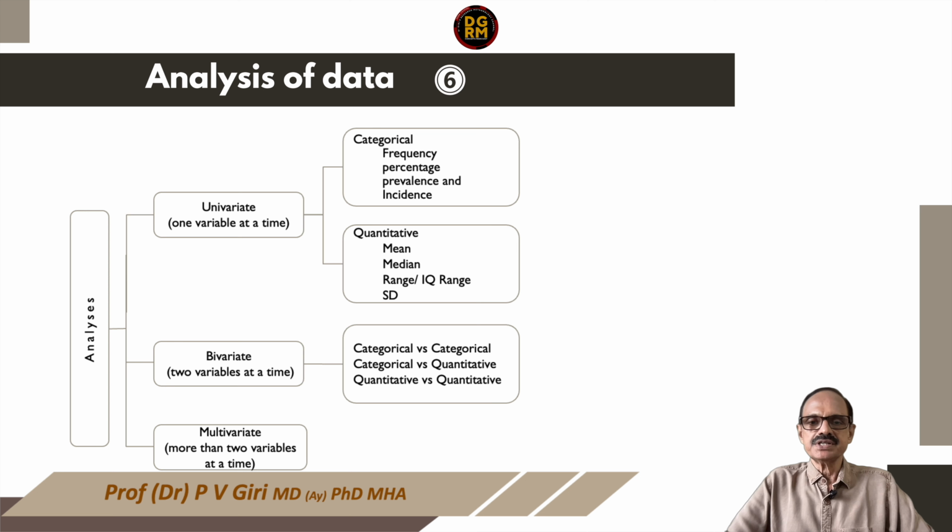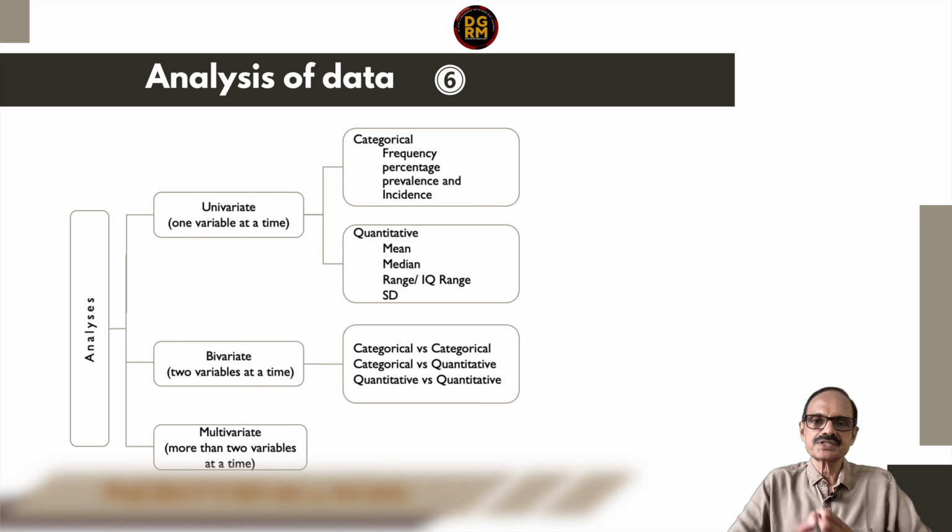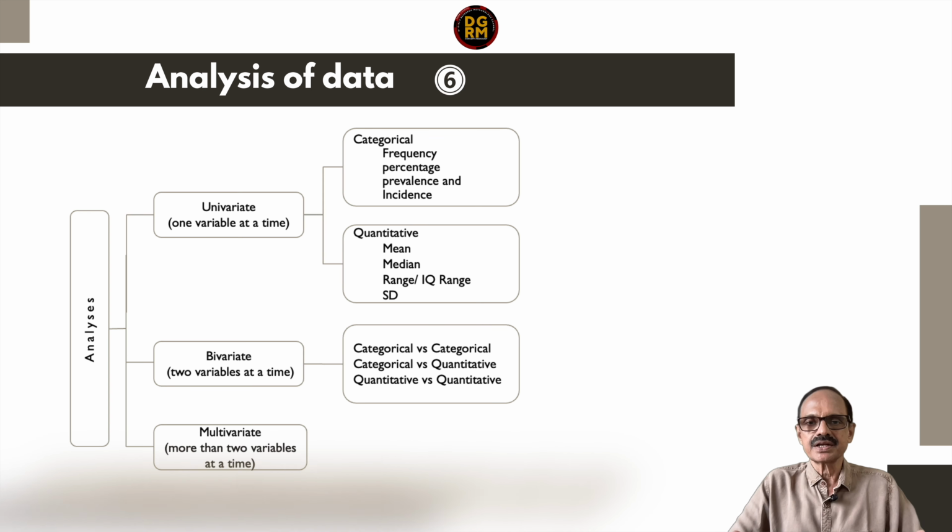For bivariate data, there are three options. It may be categorical versus categorical, or categorical versus quantitative, or quantitative versus quantitative. This we will discuss in the next slide. If you want to analyze data with more than two variables, then you go for correlation and regression.